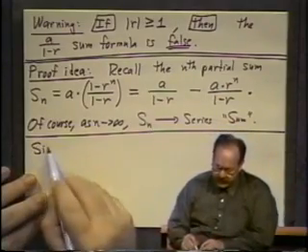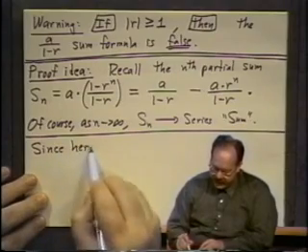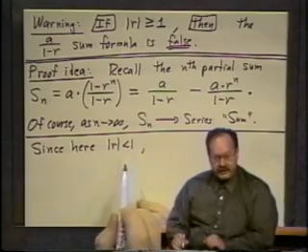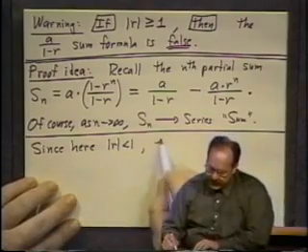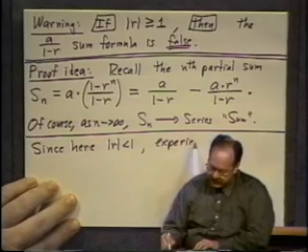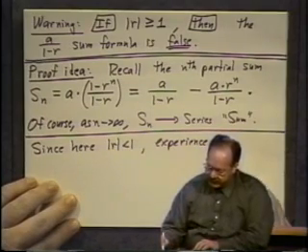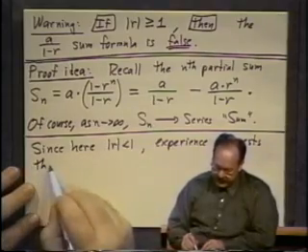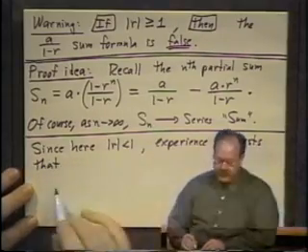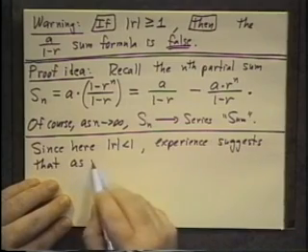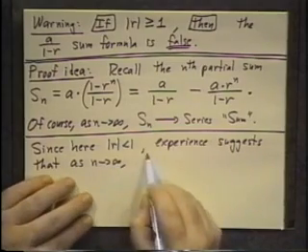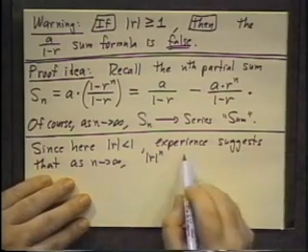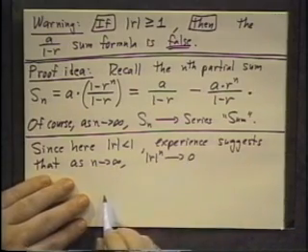Now, here is the crucial idea. Since here the absolute value of r is less than 1, that was the major hypothesis I talked about, experience suggests, and this is the part of the proof where I'm resorting to experience and not to exactness here, that as the power n goes to infinity, if you take r to the nth power, the absolute value to the nth power, then that's going to go to 0.